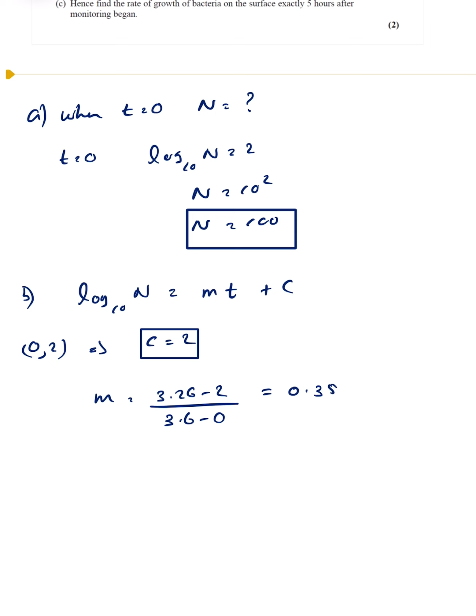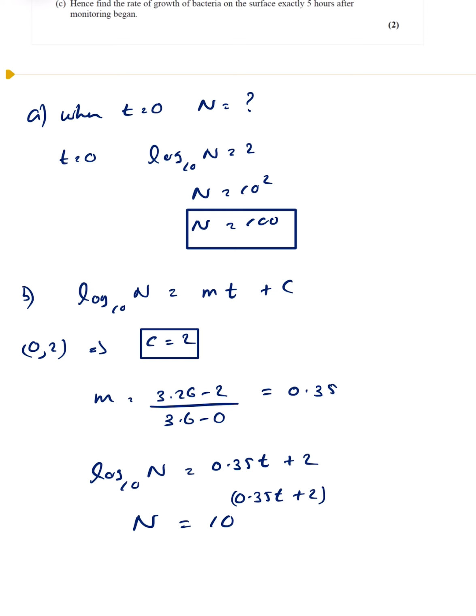So now you can write the formula: log base 10 n equals 0.35 t plus 2. So we can take the log base 10 to the other side, so it becomes n equals 10 to the power of 0.35 t plus 2.